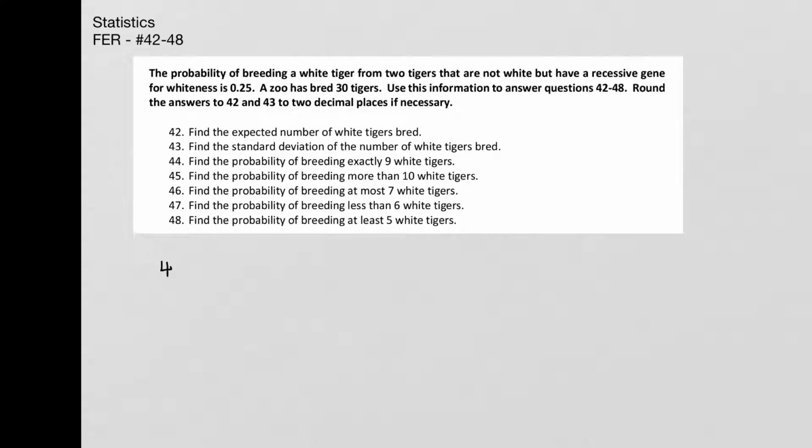Now in question 44, I want to find the probability of breeding exactly 9 white tigers. So here I'll use the binom PDF function, and I'm using PDF because it's exactly 9 white tigers.